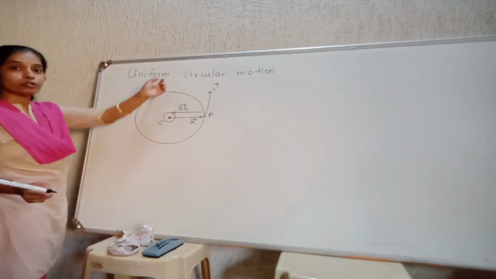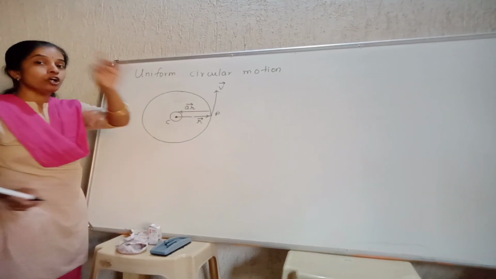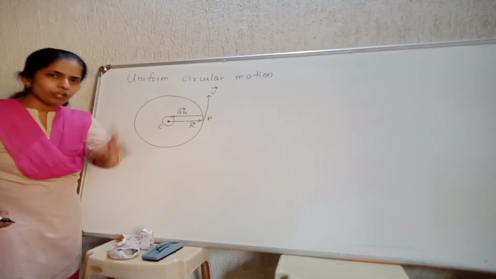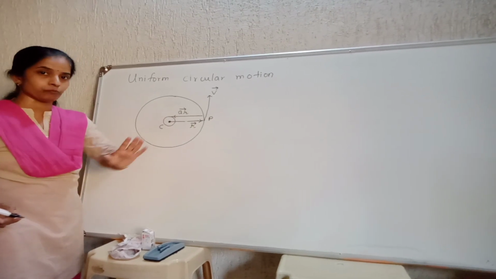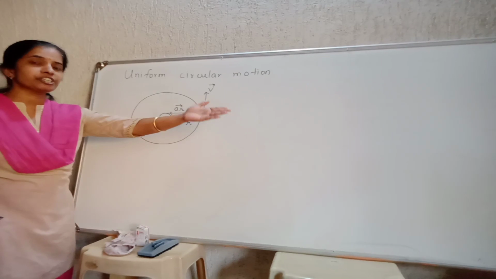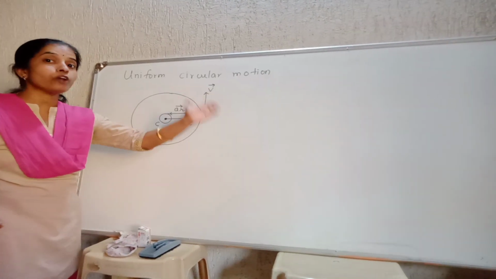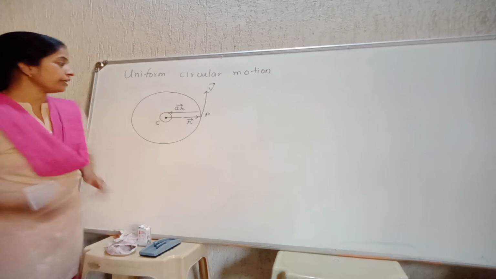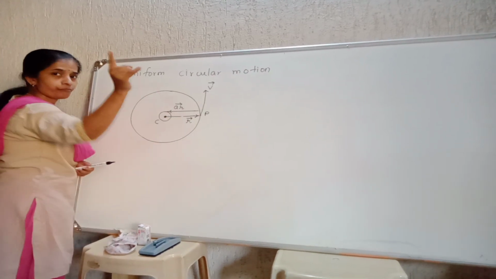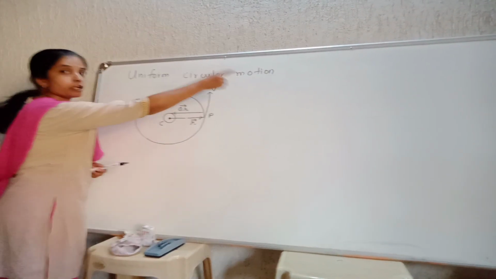See, we are going to discuss uniform circular motion. You are going to remember some important points regarding uniform circular motion, and then we will just say the opposite factors for non-uniform circular motion. Concentrate. See here, what is uniform circular motion?